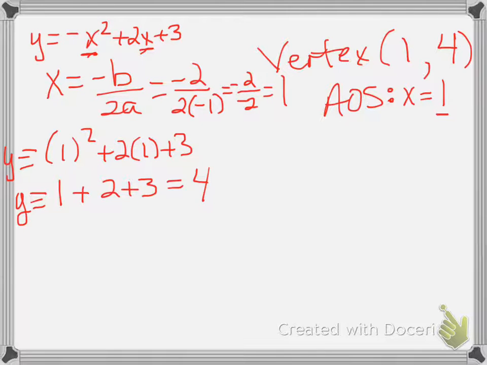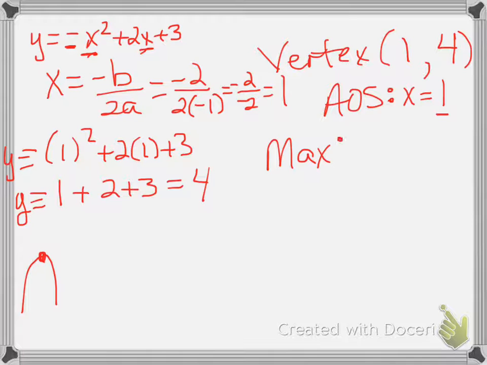Okay, now, my minimum or maximum. Well, I look here at my a, and my a is a negative, so I know that it opens down, right? My vertex is up on top, and so I know that I'm looking for my maximum, okay?